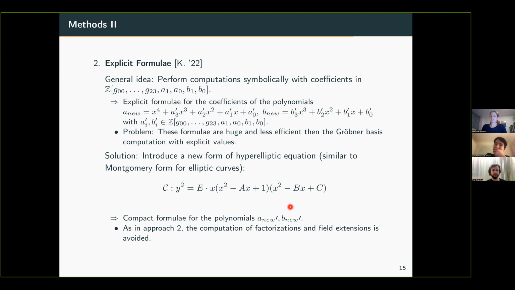And it turns out that for this curve form, also the computation of Richelot isogenies becomes nicer. And for this curve form, one can really find explicit formulas that are relatively short. And this also makes the evaluation of Richelot isogenies faster than the Gröbner basis approach.